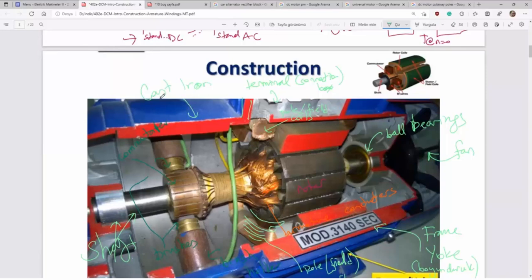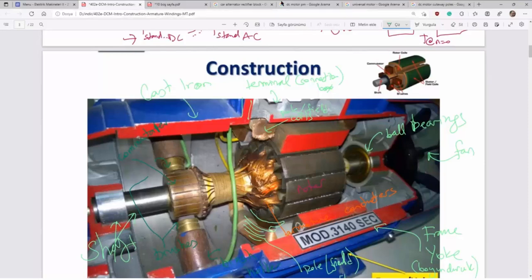For example, in a synchronous machine or induction machine, the frame can be made of cast aluminum. There is no need to use ferromagnetic material in the frame. In fact, not the yoke. There is no need to use ferromagnetic material in the frame. But in a DC machine, the frame is the essential part of the magnetic circuit.